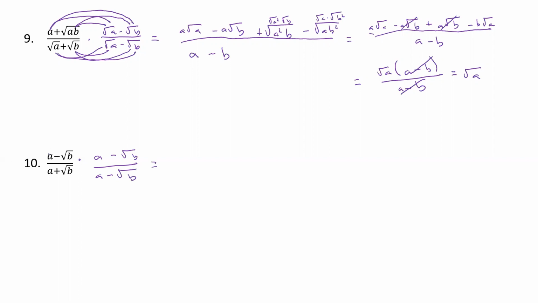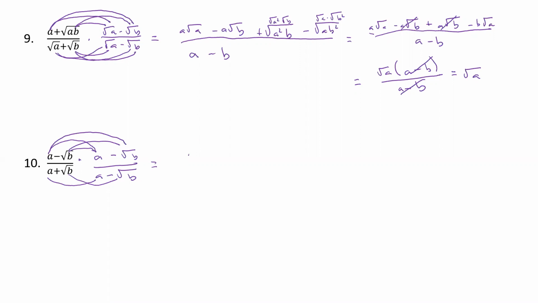So again, I'm going to distribute and do FOIL. So I'm going to multiply here, then I'm going to multiply here, and same in the denominator. But remember, I'm only going to really do the first one and the last one because everything in the middle all cancels out. So we don't have to worry about those on the bottom because we're multiplying by the conjugate. But the numerator we do.